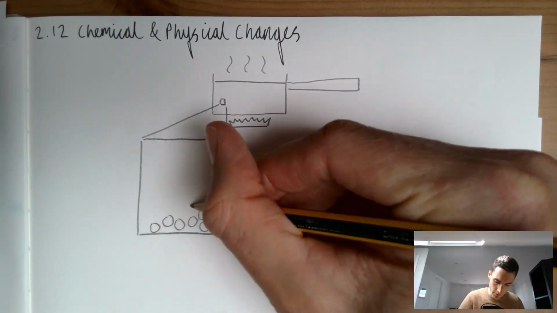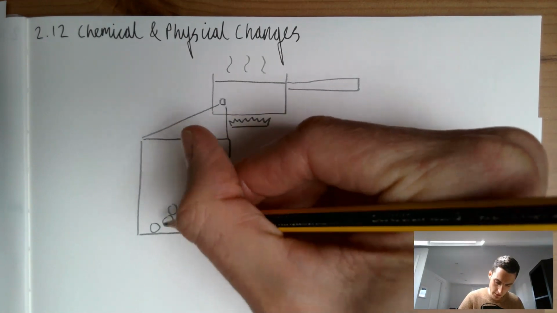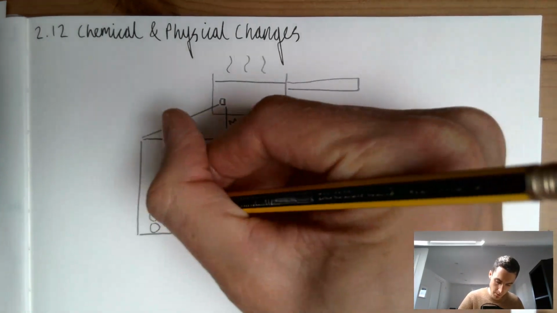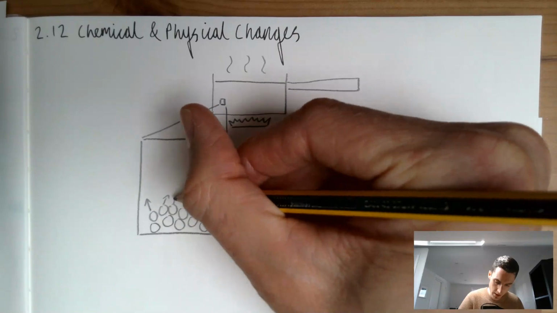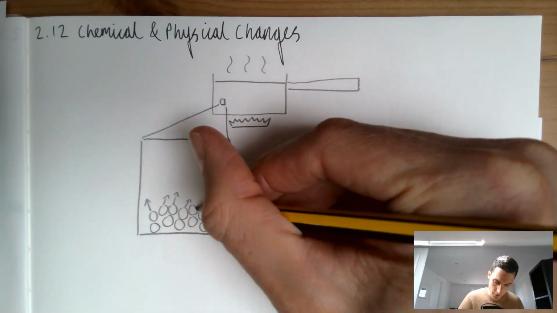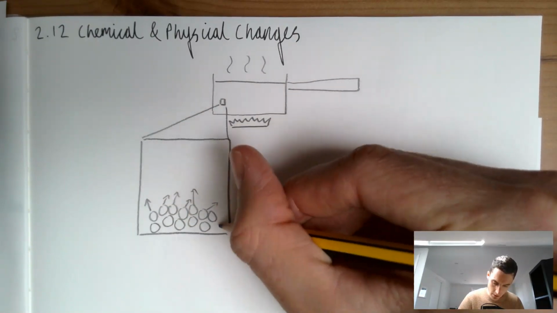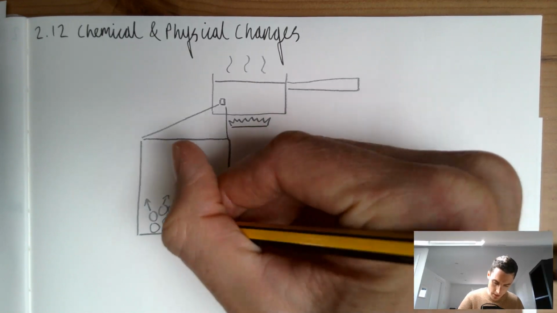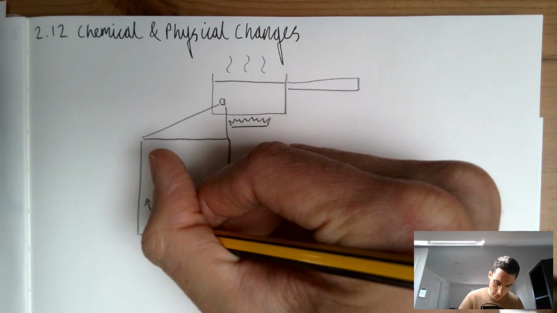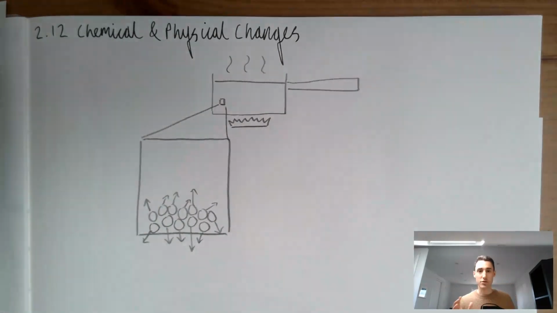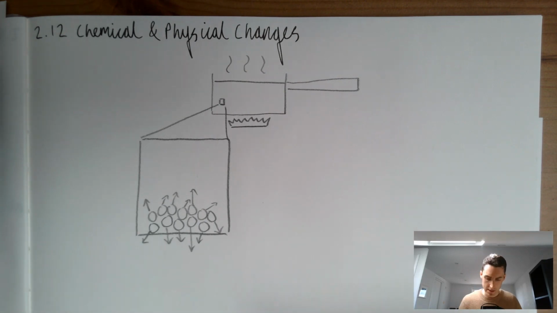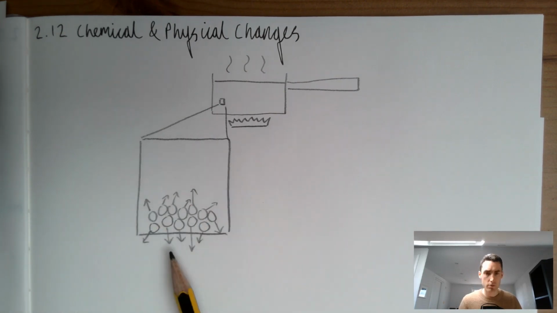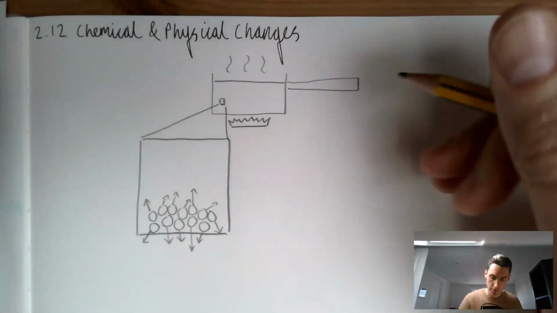The diagram we've drawn lots already with year 7 in the particles and energy scheme, so I'm going to show them all higgledy-piggledy, random arrangement, range of speeds, in random directions as well. They're close together, they're not far apart yet, so there's still some bonds between the particles, but they're quite weak, so they're not in that regular fixed lattice. So this is a liquid, and they should be familiar with that.